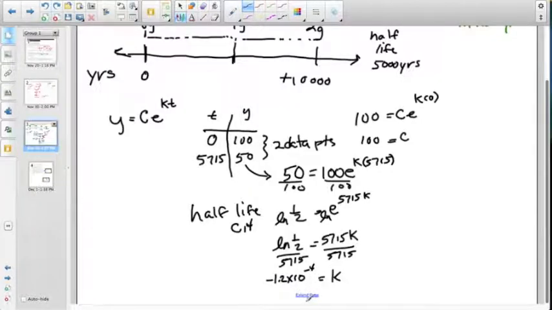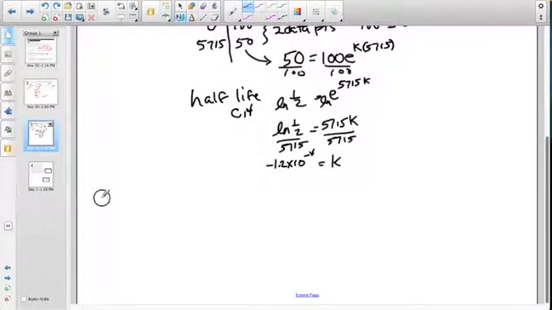And so there's the constant of integration. And so we know that when we're talking about carbon-14, we have this relationship of y equals Ce^(-1.2 times 10^-4 t).